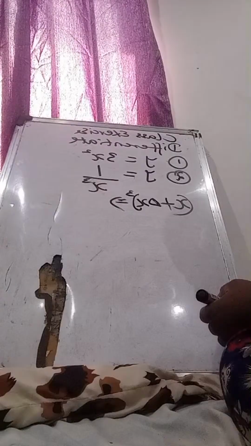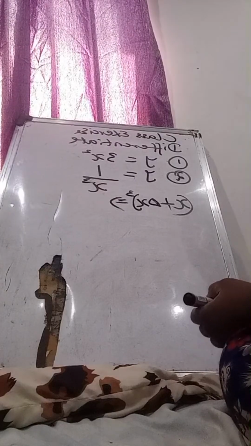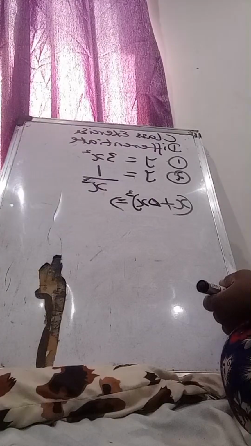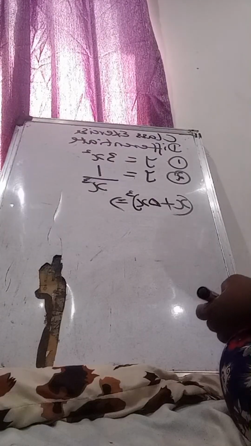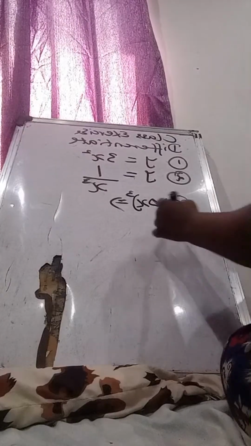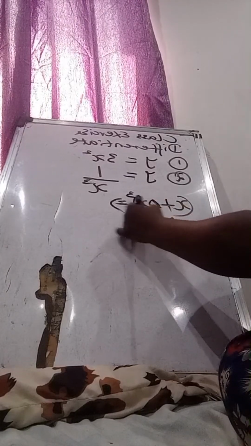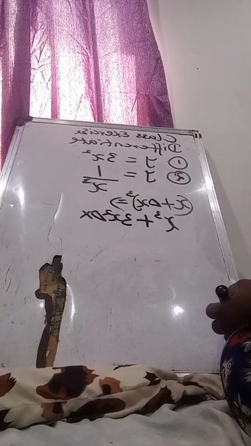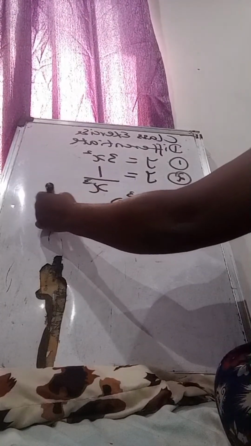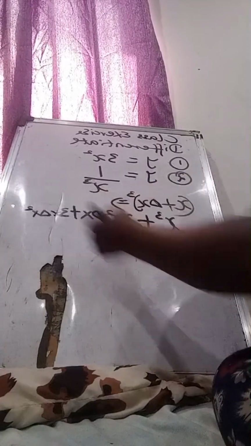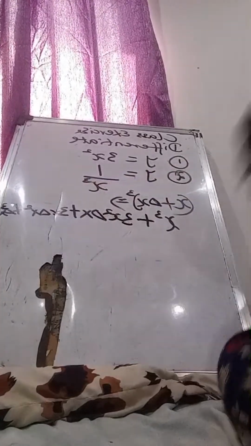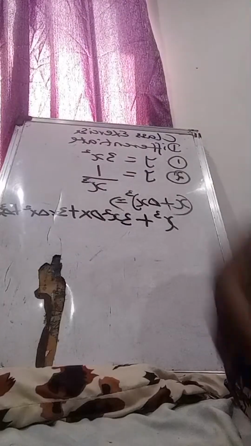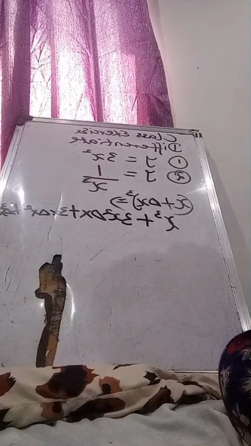Just to help those that were not around last time. x cube plus 3x squared change in x plus 3x change in x squared plus change in x cube. Good. So that when you get here, you know what to do. I've done my part, you should do your classwork.